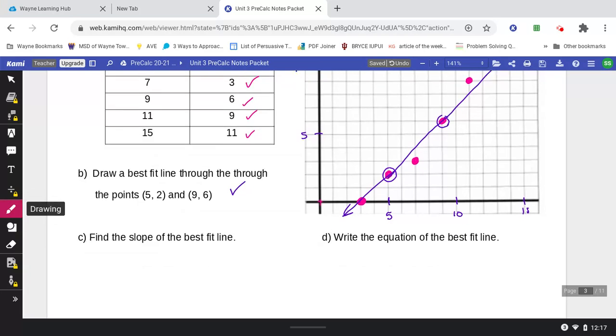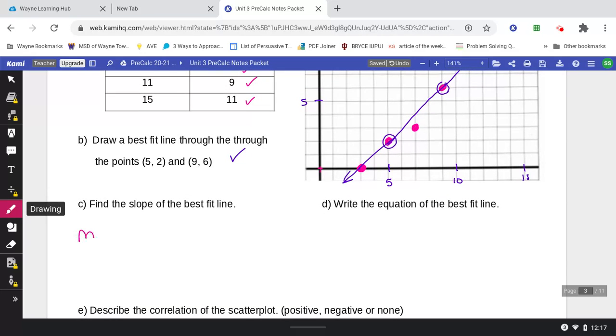And then we're going to find the slope of that line. In order to find the slope, we'll use our slope formula: y2 minus y1 over x2 minus x1. I'll label my points up here in part B, x1, y1, x2, and y2.